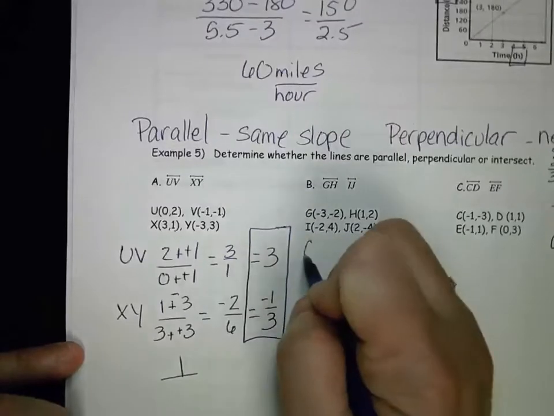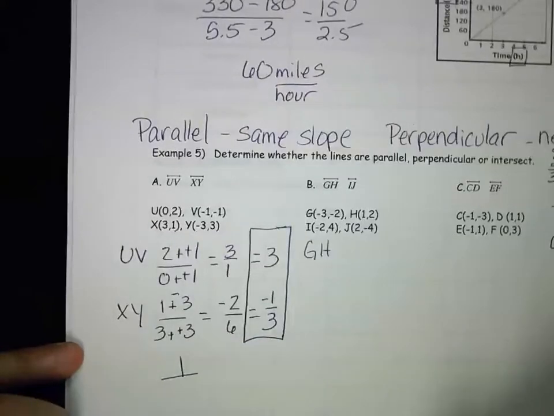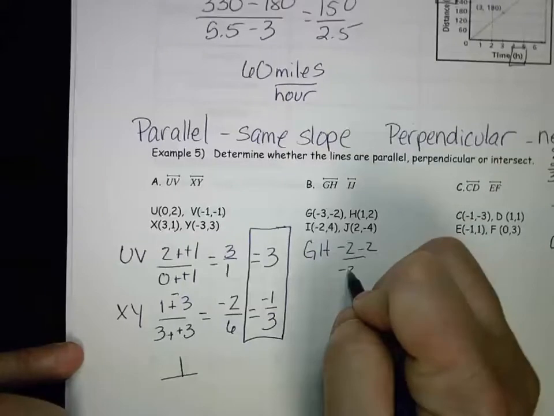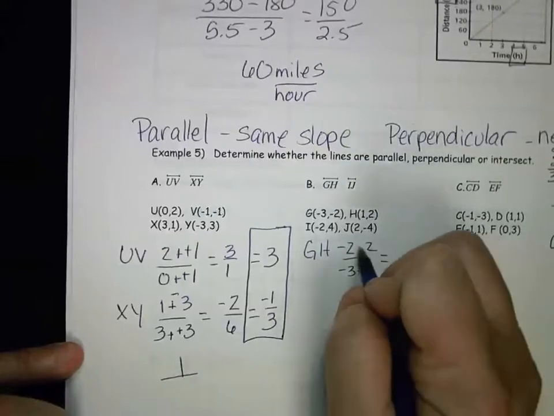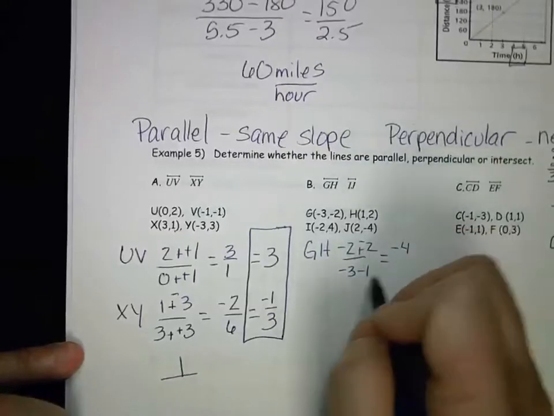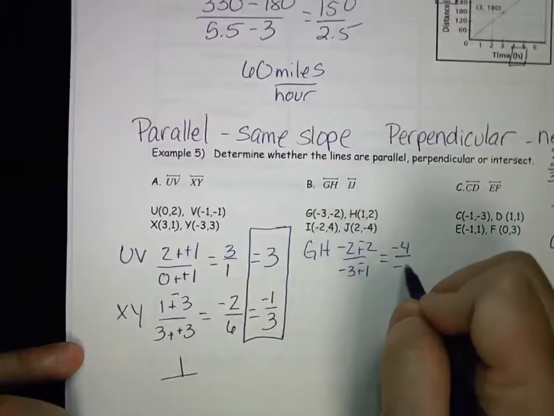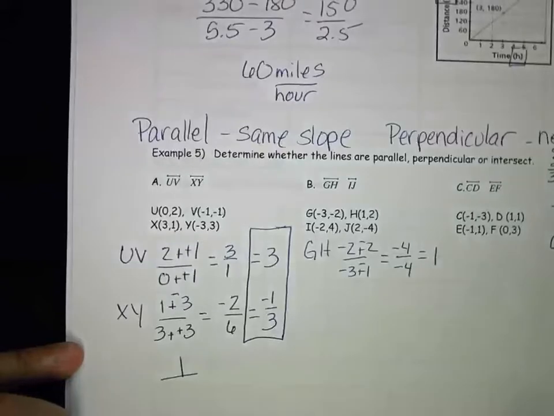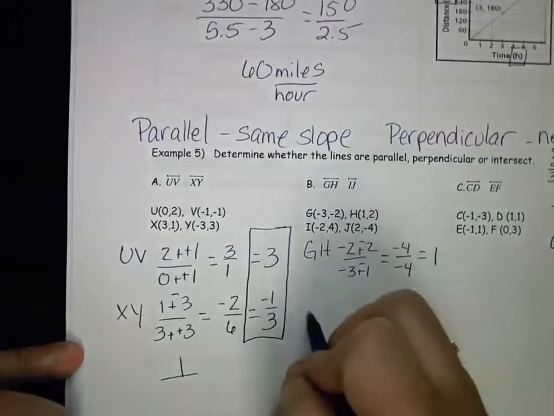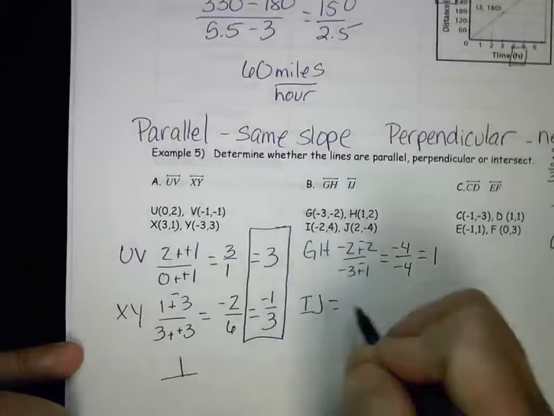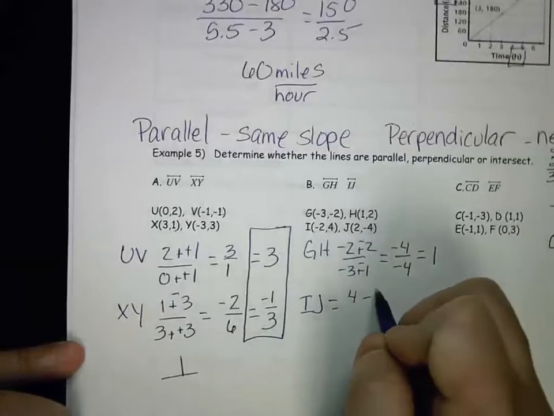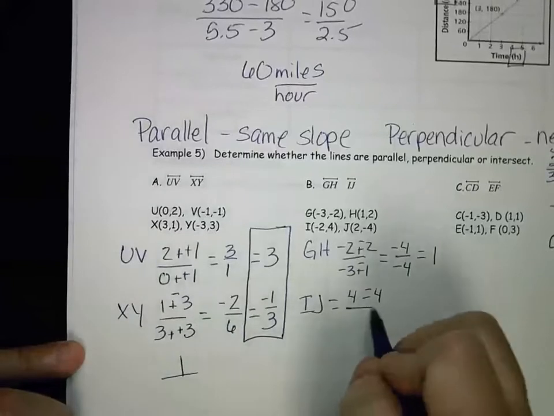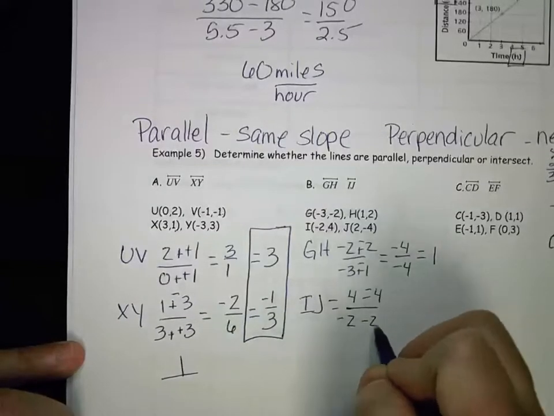Letter B, finding the slope of GH, y minus y over x minus x. That becomes a -4 over -4, which is 1. The second line, IJ, y minus y, 4 minus -4, and then -2 minus 2.